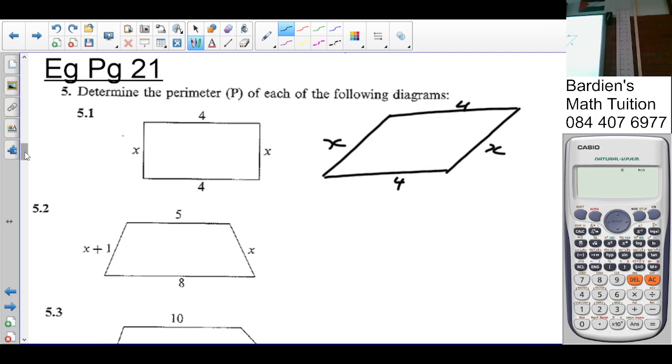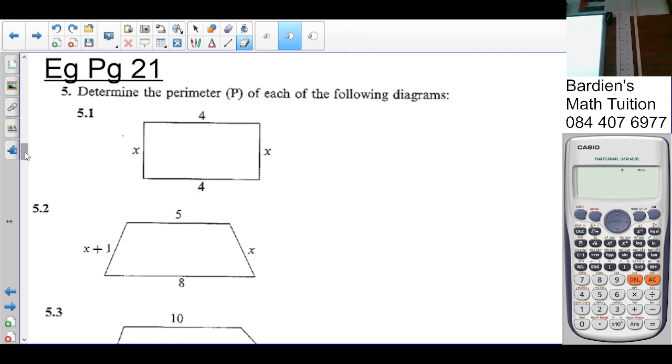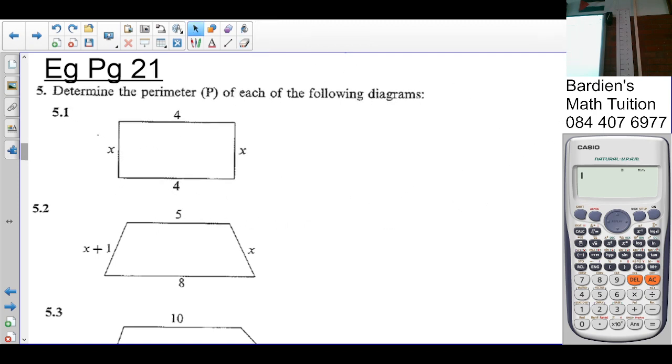Two pairs of opposite sides equal? Yes, it's the same as the first shape. Not so? So it's not enough to say it's a rectangle, unless they have told you that it was 90 degrees. Then it would have been enough to say it's a rectangle. Can you see that, people? It looks like a rectangle, but looks can be deceiving, not so?